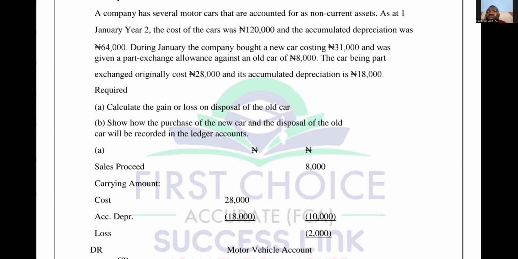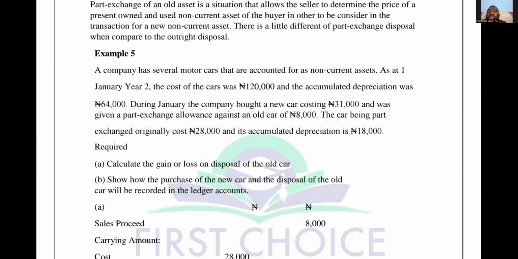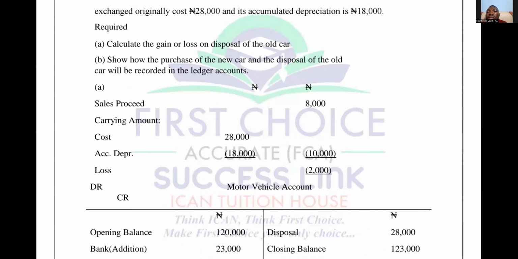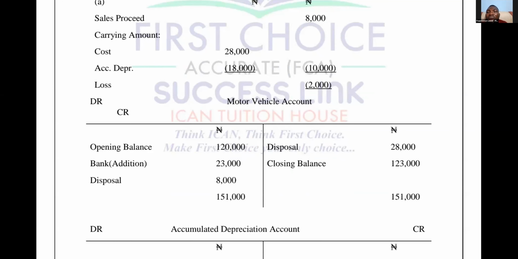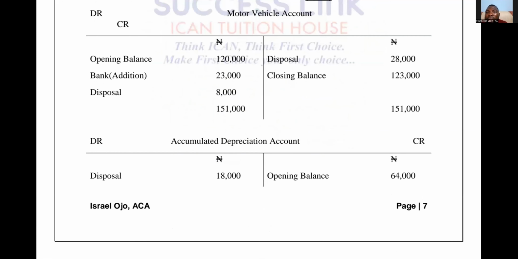Okay, now let's move. The first thing to do is remove the worth of the asset that was disposed. And what is the worth? Please do not make the mistake of saying 8,000. The cost that we have on the debit side is 28,000, so we need to remove it. First thing first, credit the motor vehicle account with 28,000, and the second leg will be found under the disposal account.